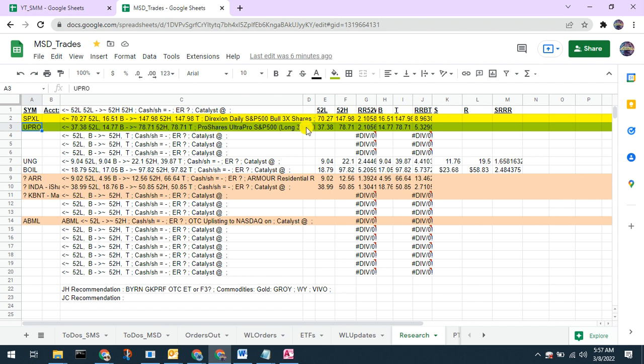I'll show you the graph in FinViz in a second, but I've captured already the 52-week low, high, and I'll show you where the bottom and the top are in the FinViz chart. But we already have that one in the database, and I want to compare the performance or the range, the possible risk reward of UPRO to that of SPXL, which is the Direxion Daily S&P Bull 3X shares. So it's also leveraged long on the S&P 500.